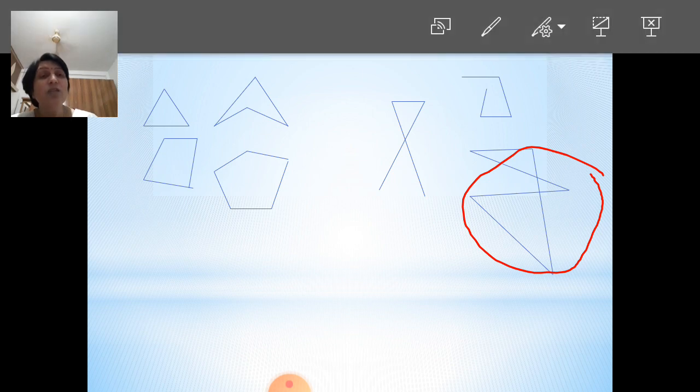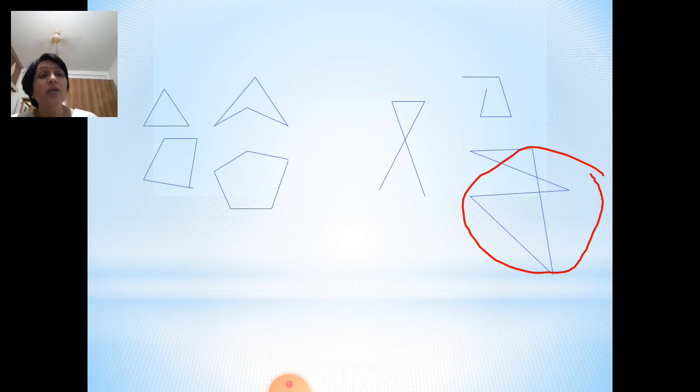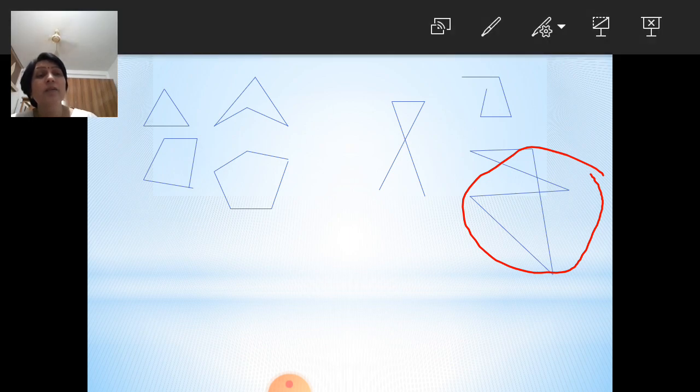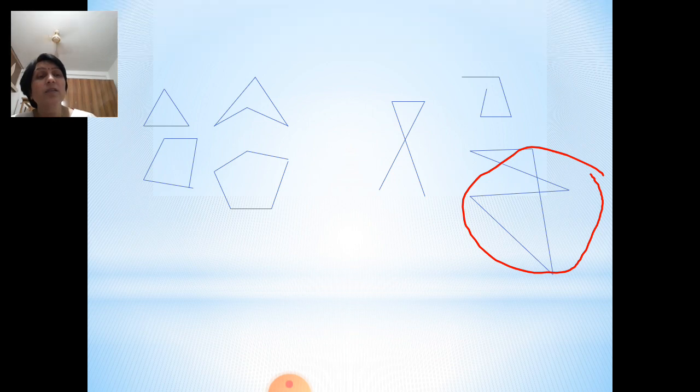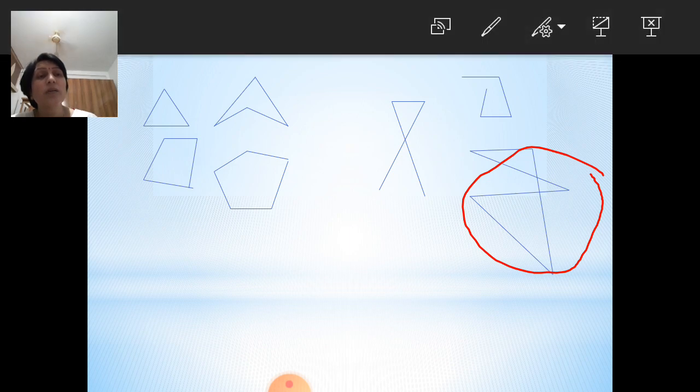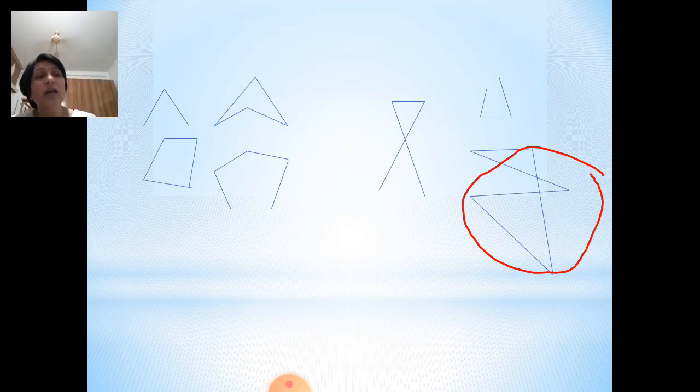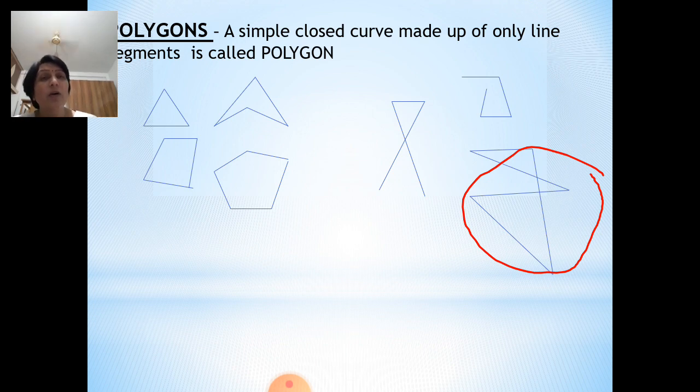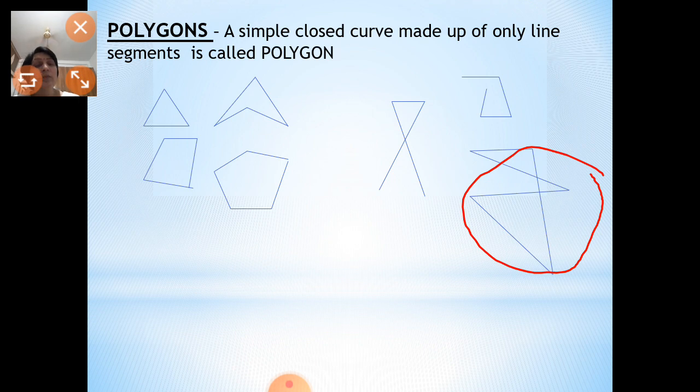Such curves are called polygons. A polygon is a simple closed curve made up of only line segments.